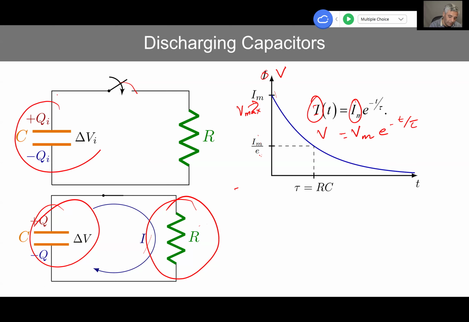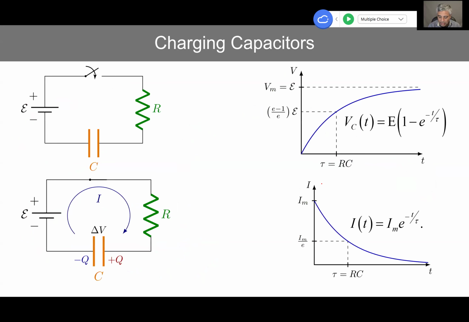It was full of charges at the beginning, and now there is no charge at that time, okay? Just like we saw in that video. Now, over here, when we are charging, the voltage and current follow the opposite kind of behavior, but both of them are still exponential. Oh, this is supposed to be EMF here, the maximum value. Okay.